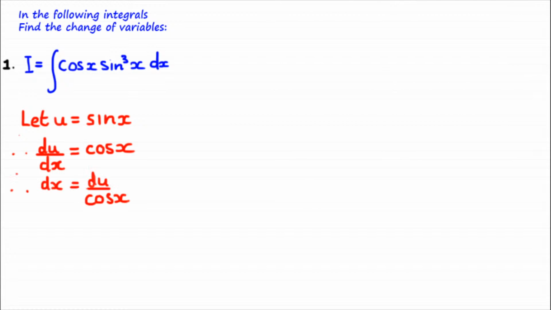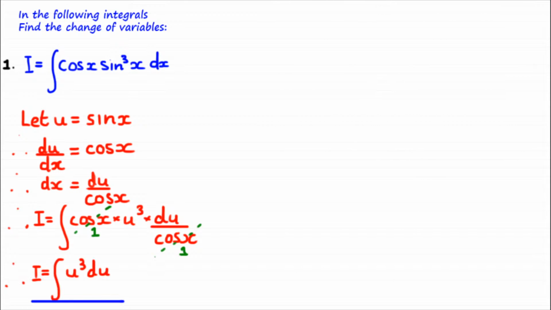If we rearrange to make dx the subject and substitute all our u terms back into the original integrand, we know that sine x cubed is going to be the same as u cubed, and dx is going to be the same as du over cos x. We get cancelling, and we now have a final integrand of u to the power of 3 du.